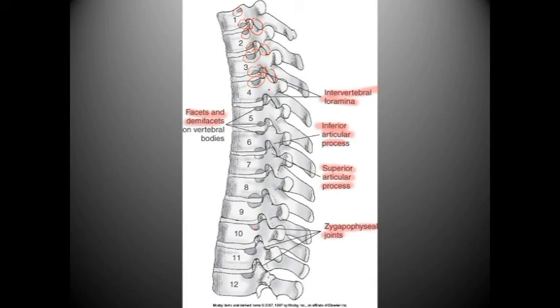And also we have, based on the zygapophyseal joints and the vertebral body, it creates the intervertebral foramen, which, as we saw previously, allows the passageway of nerves through this area.